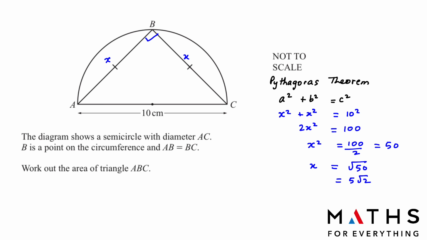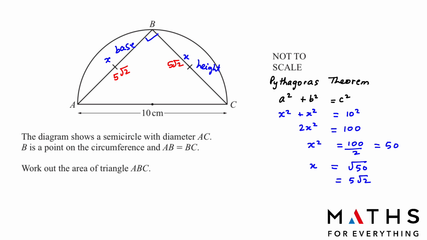From the triangle, you can make out that this is your height, and this is your base. And as we already said, both the values of x are 5 square root 2.